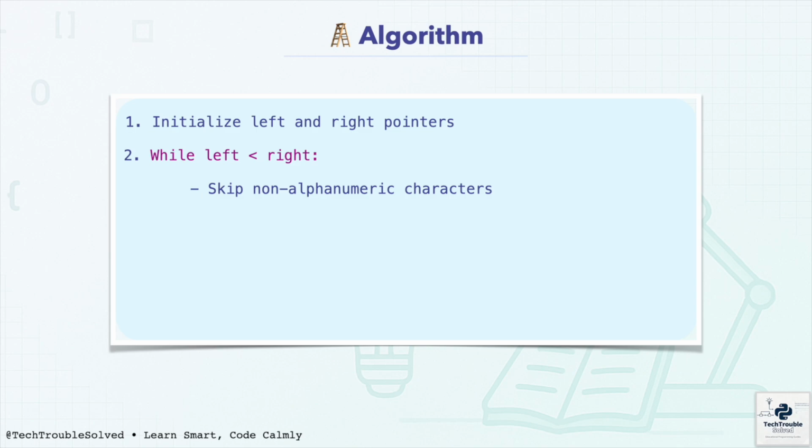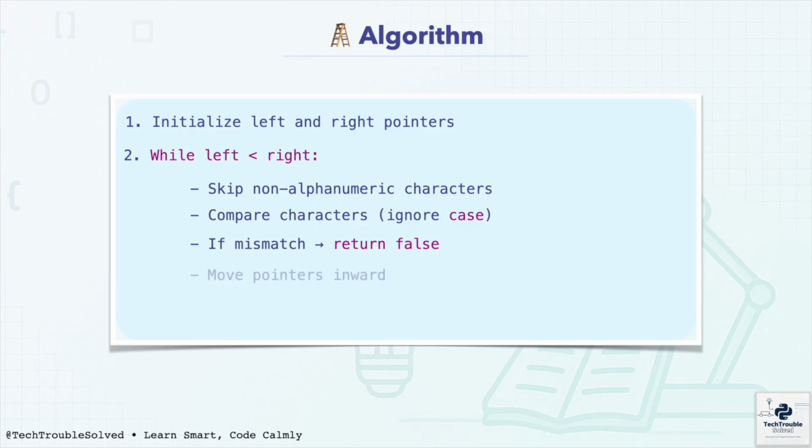When both characters are valid, we compare them by ignoring case. If at any point the characters don't match, we immediately return false. If they do match, we move both pointers inward and continue. If the loop finishes without any mismatch, we return true.